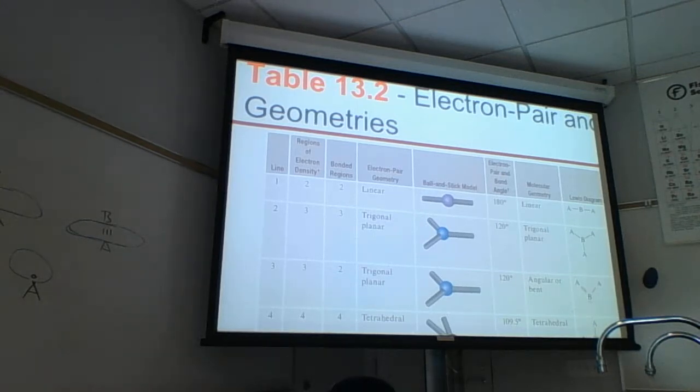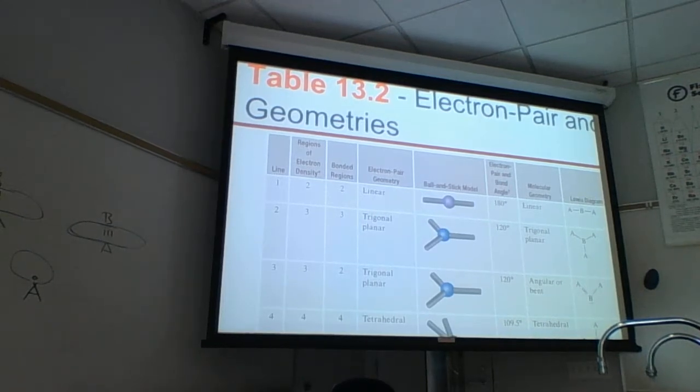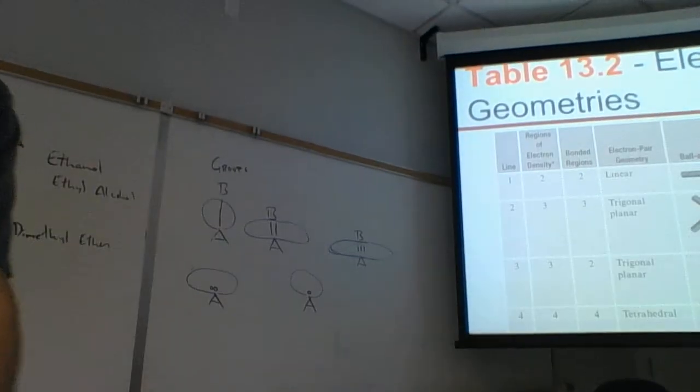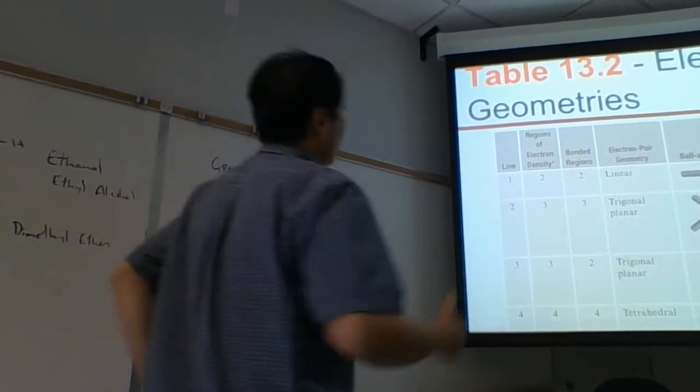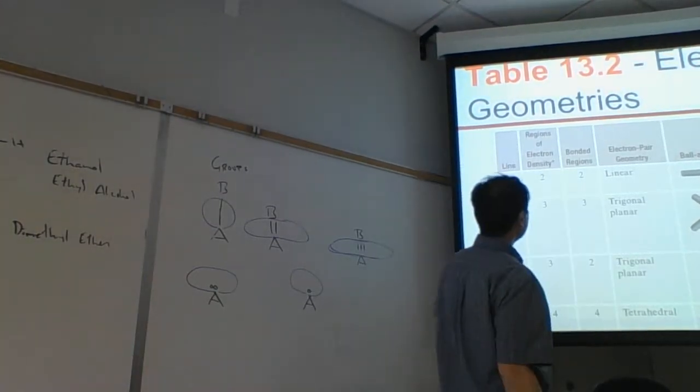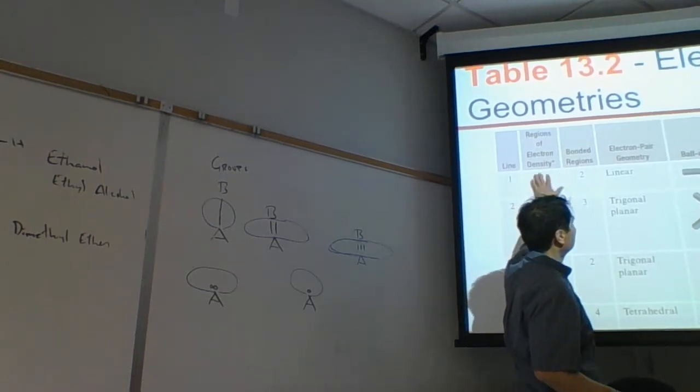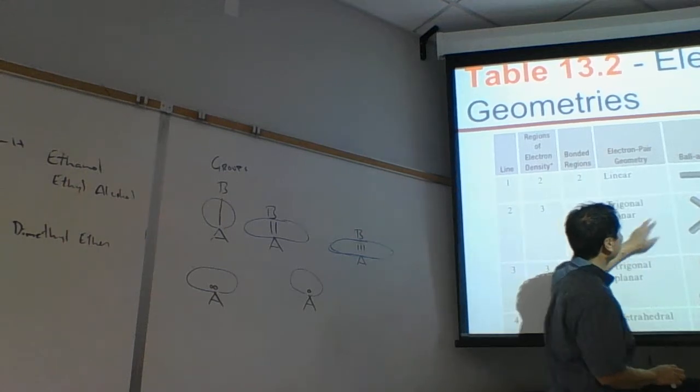Regions of electron density, what this means is number of groups. How many groups of electrons do you have around the atom? You have one group, two groups, three groups? That's regions of electron density. In this case, if we have two groups, ignore this column for right now. What is it?